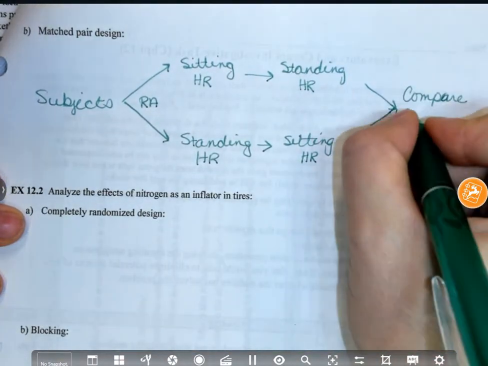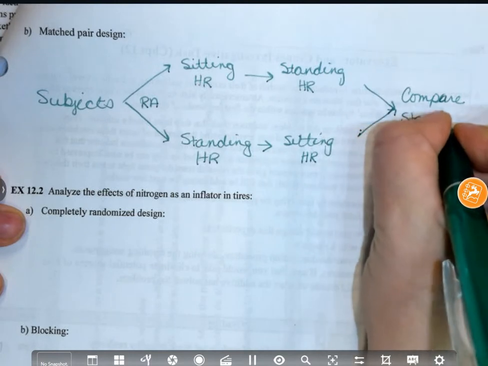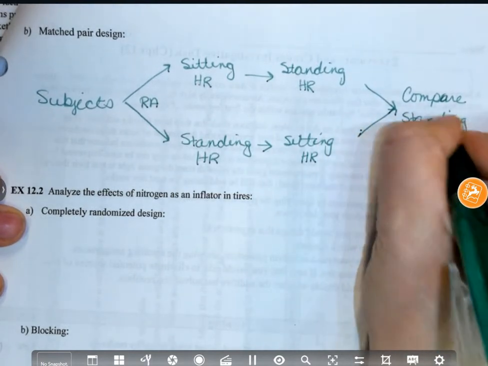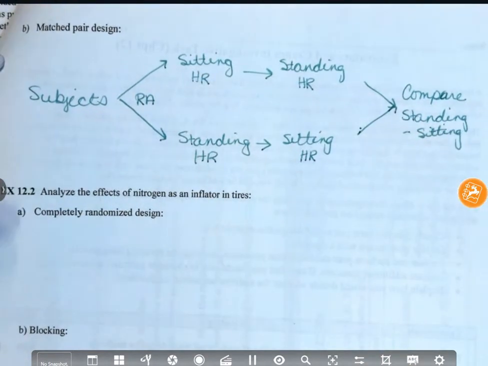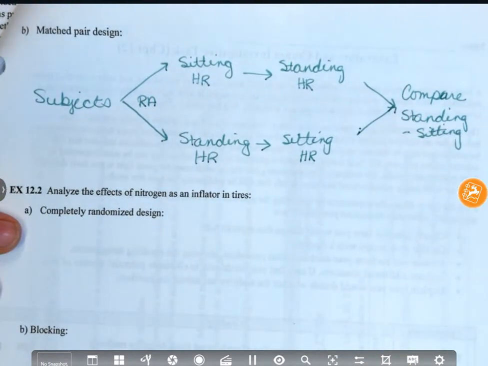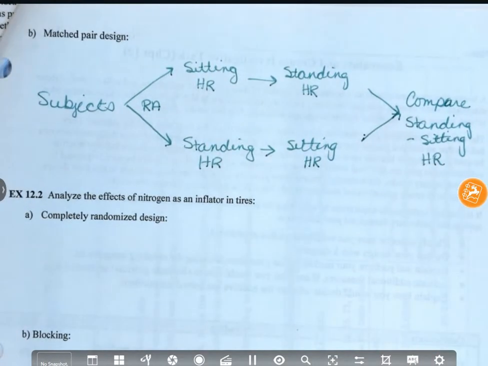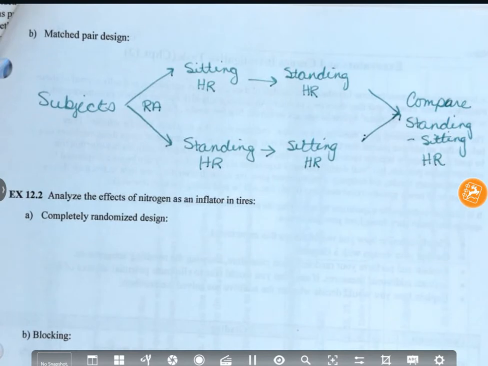No matter what, I'm going to do the standing minus the sitting, because I think your standing heart rate is going to be a little bit higher, and I want positive numbers. So that way I've got an even distribution between folks that stood first and folks that sat first, and I've got them all grouped by individual so that I take that out of it.